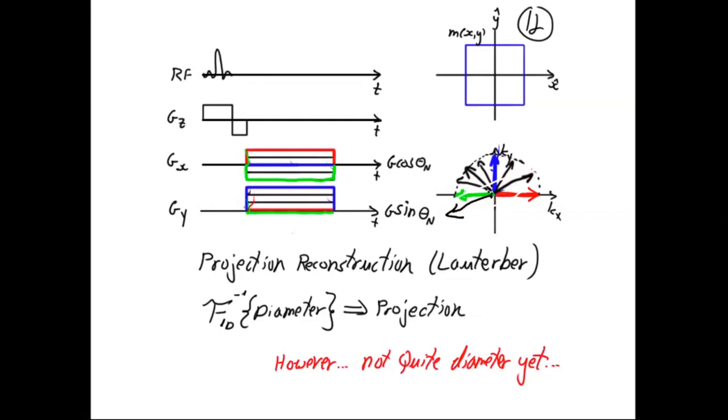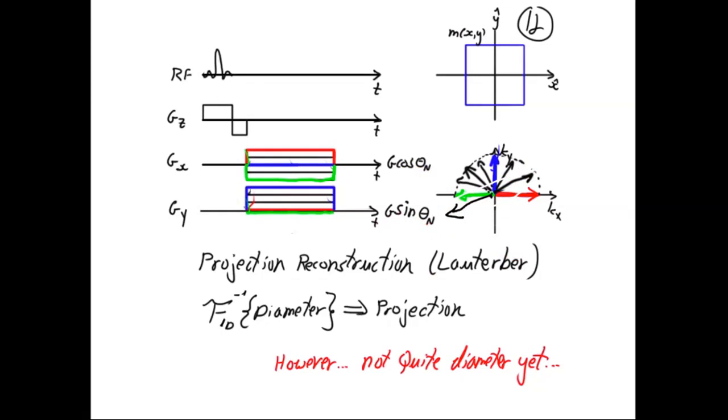All right. So this is a way that's called projection reconstruction in MR, and this is how Lauterbur described MRI, basically by rotating the gradients. Pretty much the gradients here are G times cosine theta n and G times sine theta n.